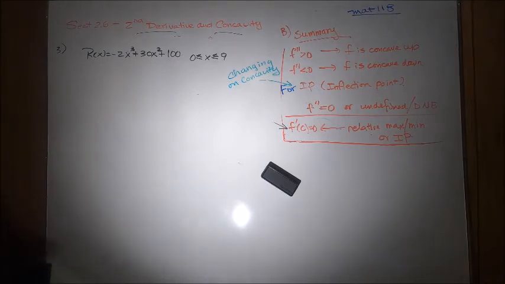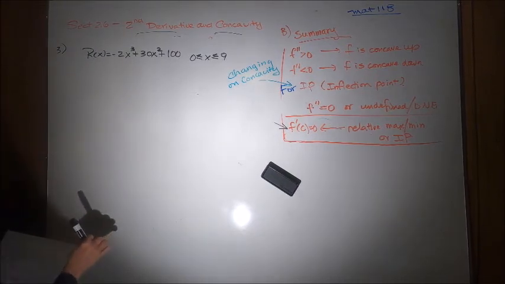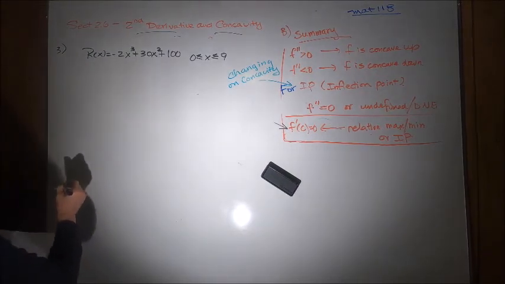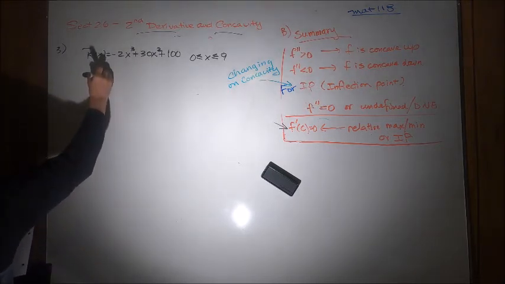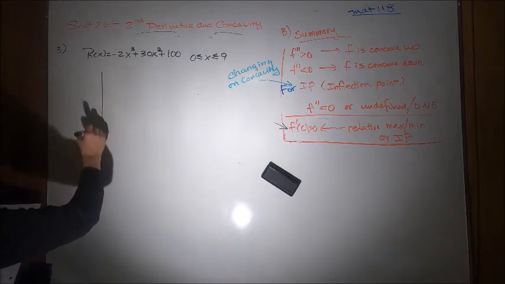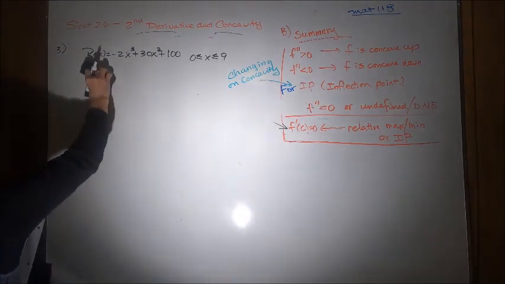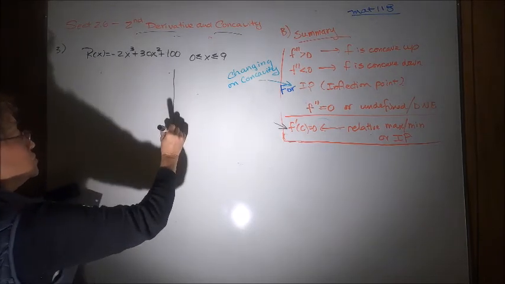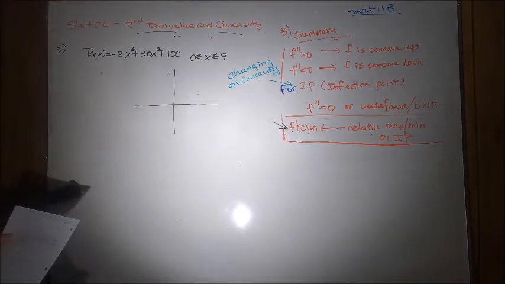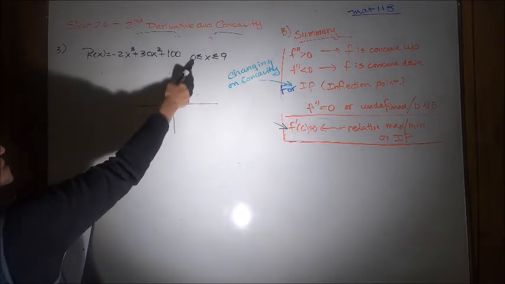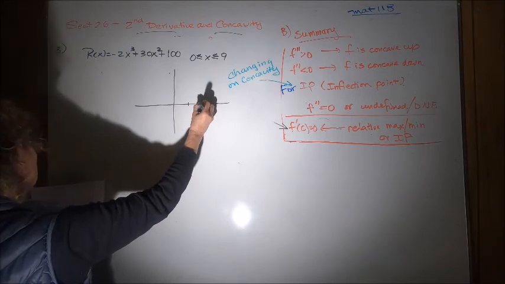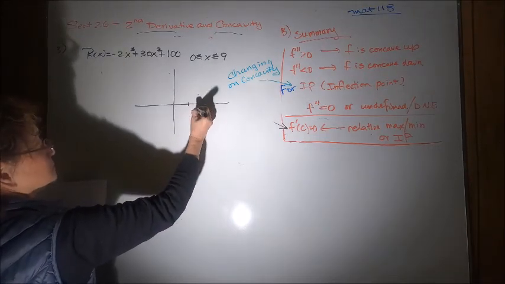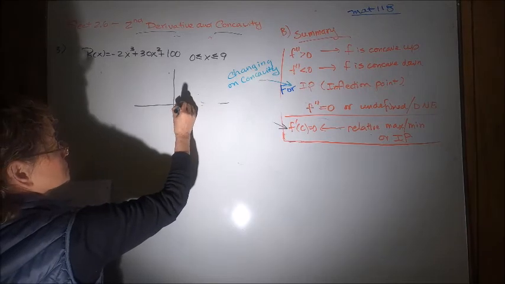So how would you start? What you want to do is, this is the model. So we will visualize first. You will use the calculator to graph it first, then try to make a little bit of sense of it. It's 0 to 9, so you need to adjust your calculator to those numbers.